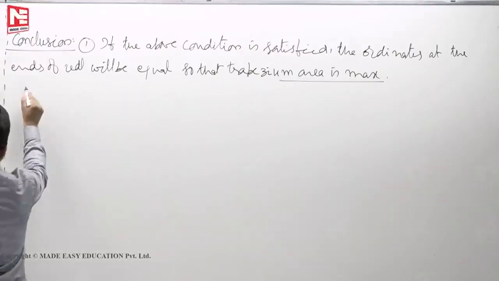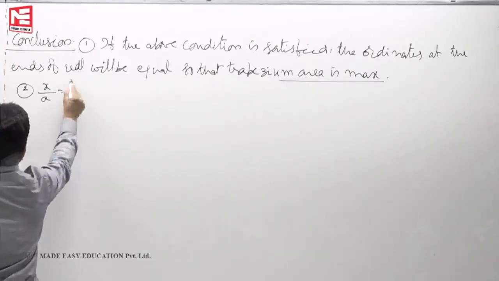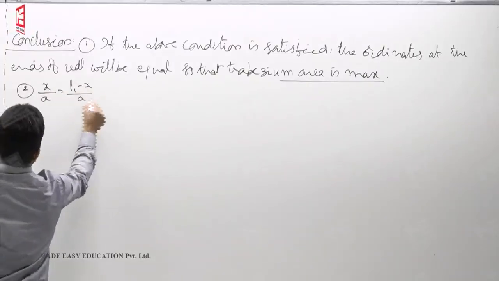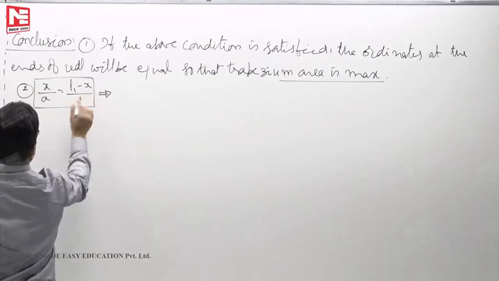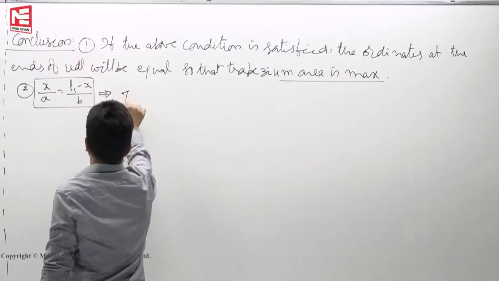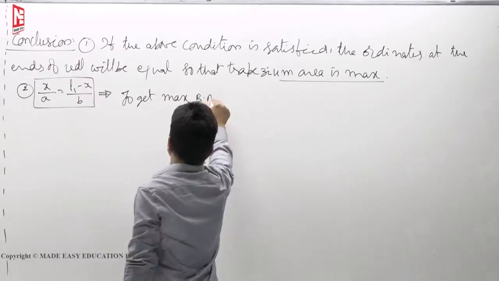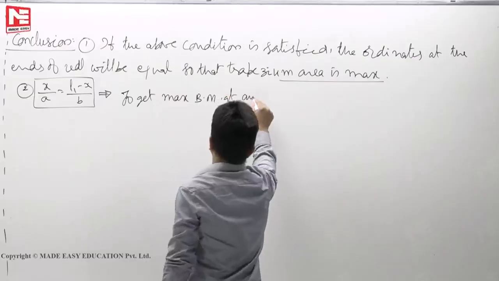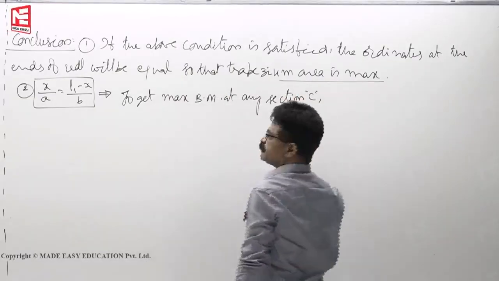Second point is, this is x by A is equal to L1 minus x by B. What it means is, to get maximum bending moment at any section C, what we have to do?